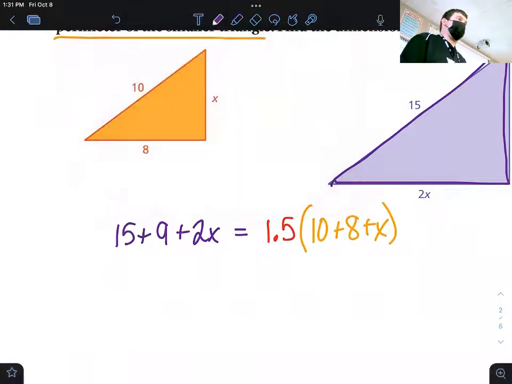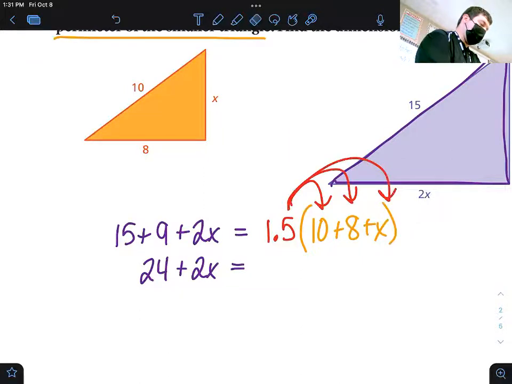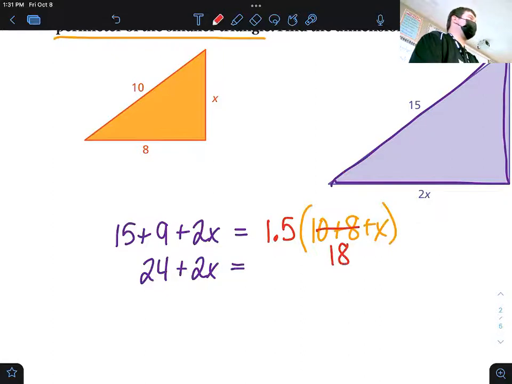Why don't we start with the purple side? Dawson, what is 15 plus 9 plus 2x simplified to? Okay. Now, I could take the 1.5 and distribute it 3 times, but instead, why don't we go ahead and just call this 18 and just distribute it twice?